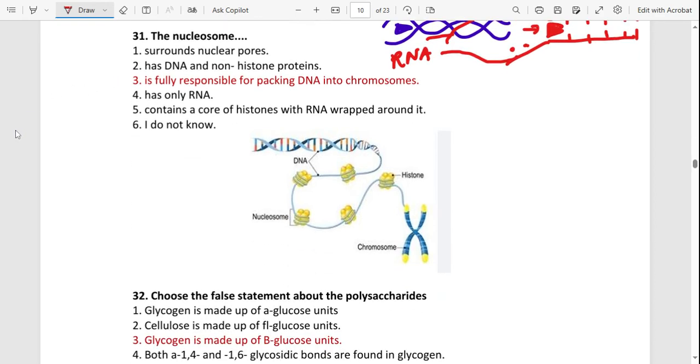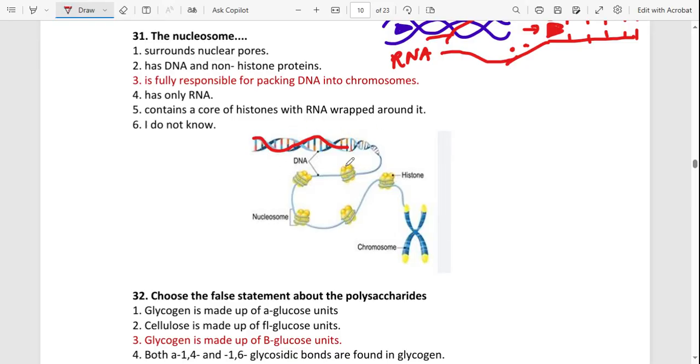Number 31, the nucleosome: A, surrounds nuclear pores as a DNA and non-histone protein; B, is fully responsible for packing DNA into chromosome; C, has only RNA; D, contains a core histone with RNA wrapped around it. So you can see how this chromosome is formed. You first have this strand of DNA having the phosphodiester bonds and the hydrogen bonds.